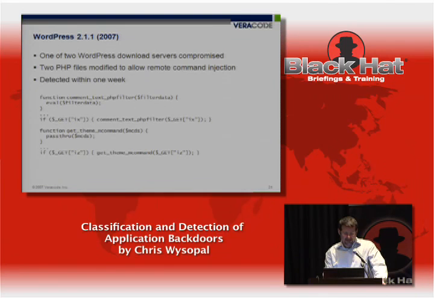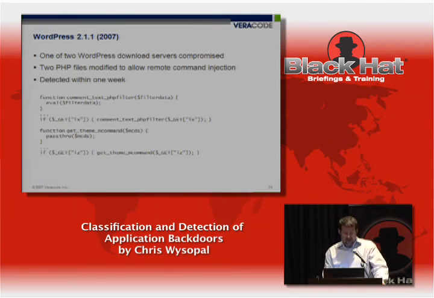And if you put IX in there, what it did was, if I can find my mouse, it called this comment text PHP filter, and with the value, it passed that to the eval function. And in PHP, essentially what that does is it will execute the contents that you pass to it as PHP code, so it'll just execute that code.